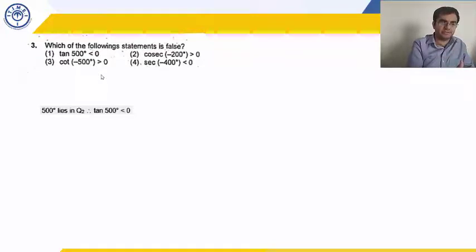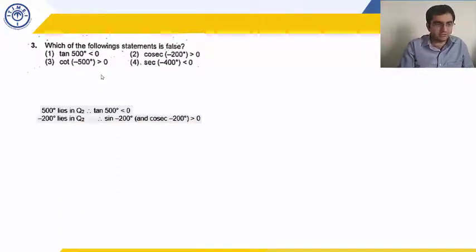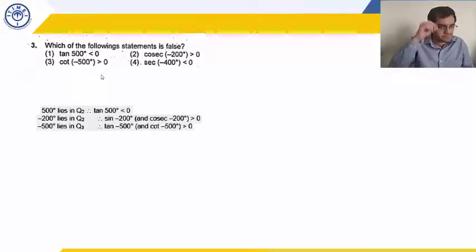Cot is positive over here. Tan and cot are positive in quadrant 3. So cot of minus 500 will be positive. So statement number 3 is also true. So the answer has to be statement number 4.